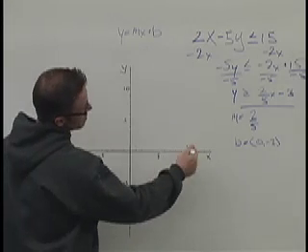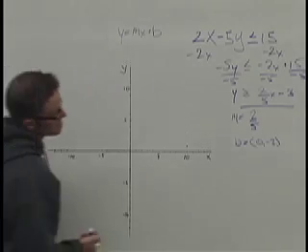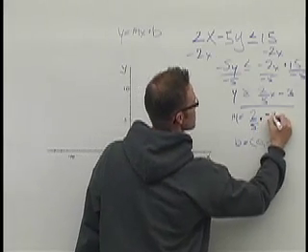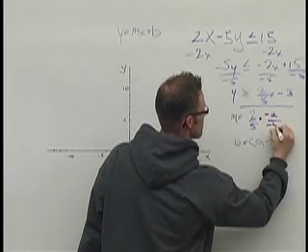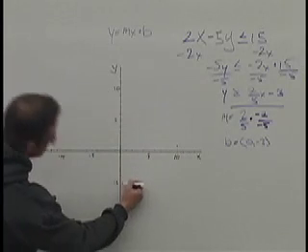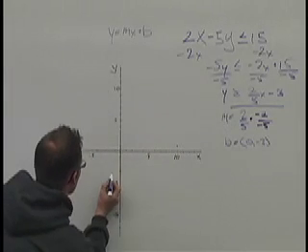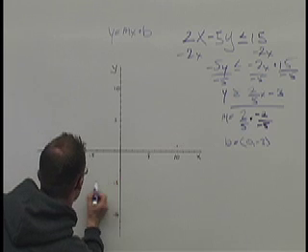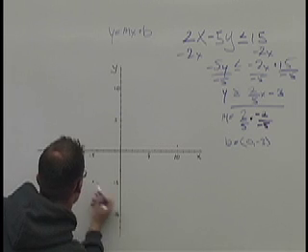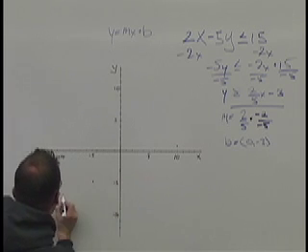Now, to go in the opposite direction, because our line is moving in this direction, we're going to have to use a negative 2 over a negative 5. So we're actually going to go down 2, and in the negative direction, 5. Down 2 more, 5.